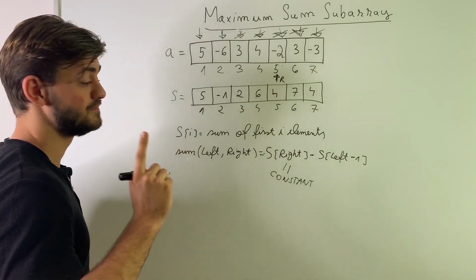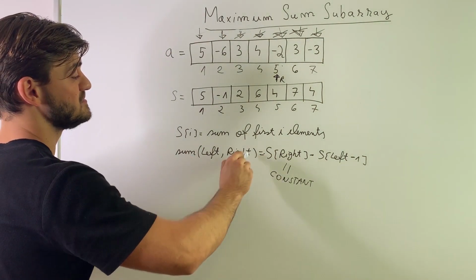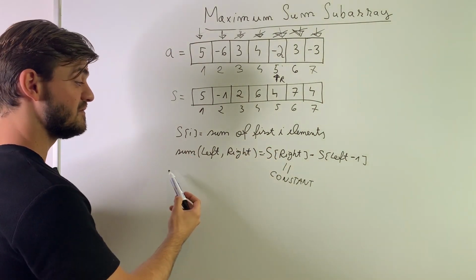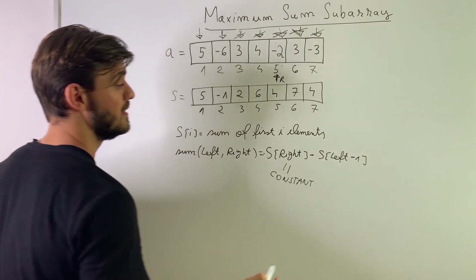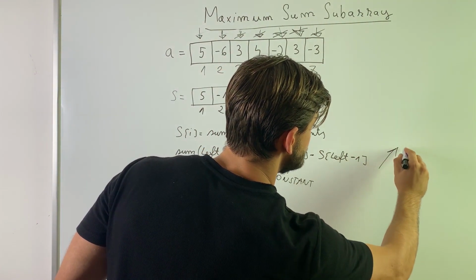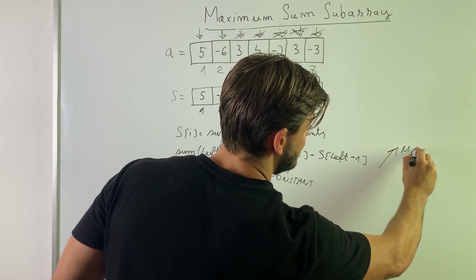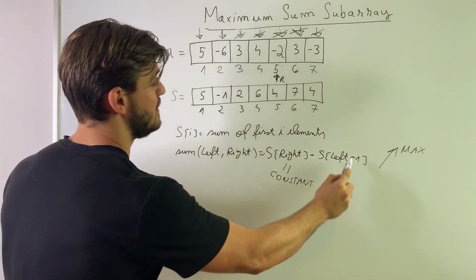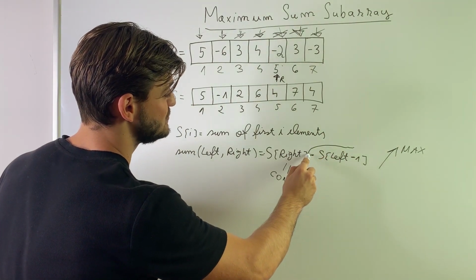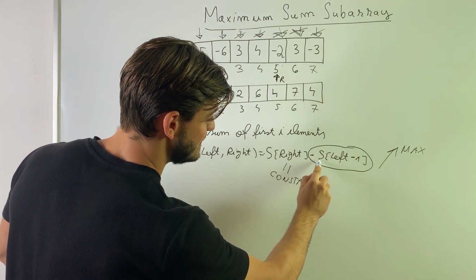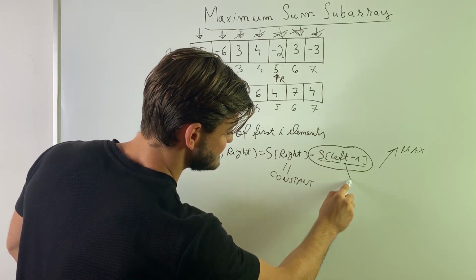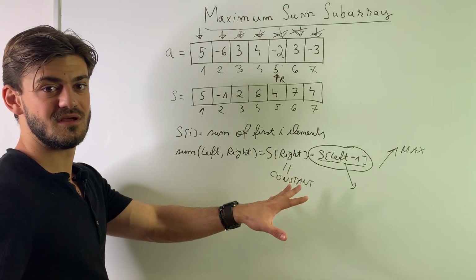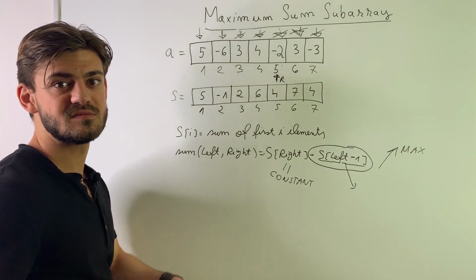And now, the beautiful part. If this one is a constant, and I definitely want to maximize this sum, so this sum should be maximized. Definitely, for this sum to be as big as possible, the value that I subtract, alright, this value, S left minus 1, that I subtract from the constant should be as little as possible, right?